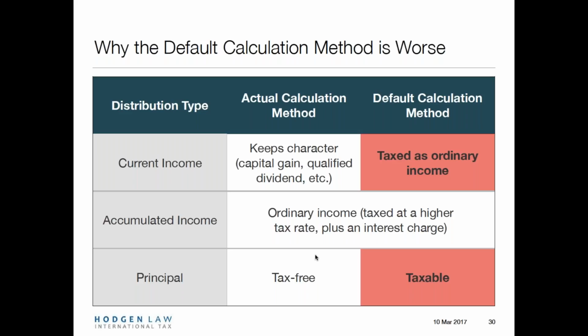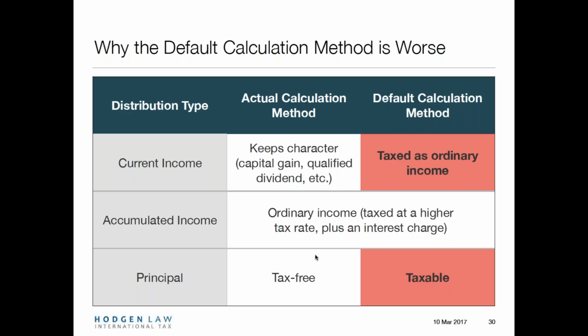If you use the default method, anything that's characterized as current income is going to be taxed as ordinary income. So you've got a tax rate differential there depending on the type of income that's received. Accumulation distributions, with both methods, are going to be taxed as ordinary income. The tax rate is going to be painful, and there's going to be an interest charge placed on top. So both of these methods are treated the same way for the accumulation distribution.